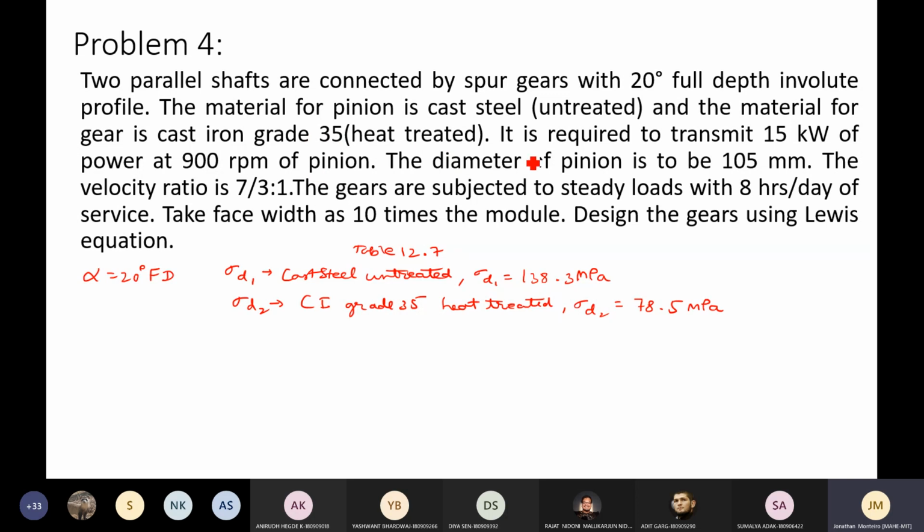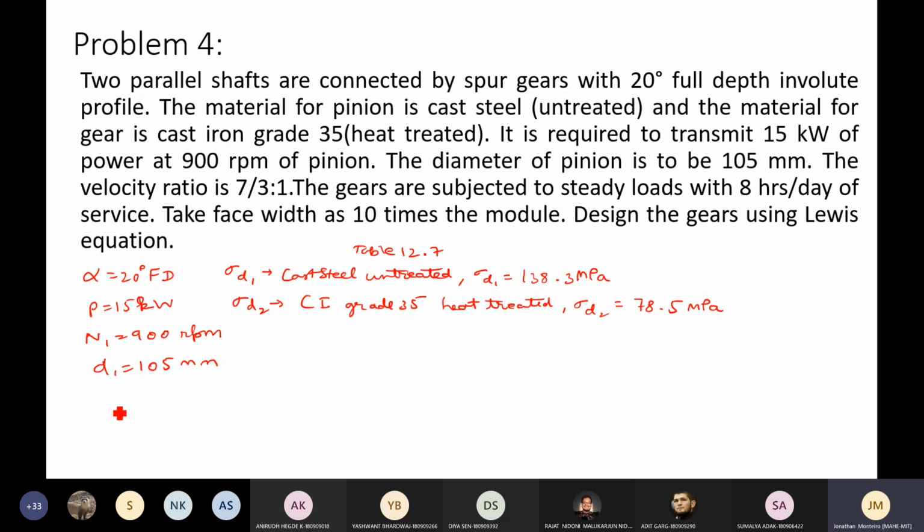These things you can directly find out. Required to transmit 15 kilowatts of power at 900 rpm of pinion. So power is 15 kilowatts, N1 is 900 rpm. Diameter of pinion is 105. So D1 is 105 mm, which is set.